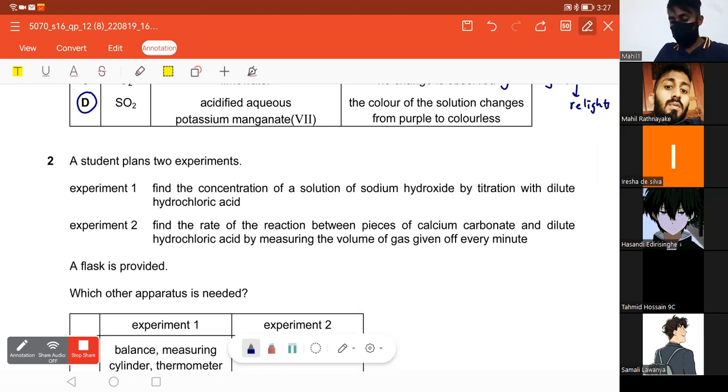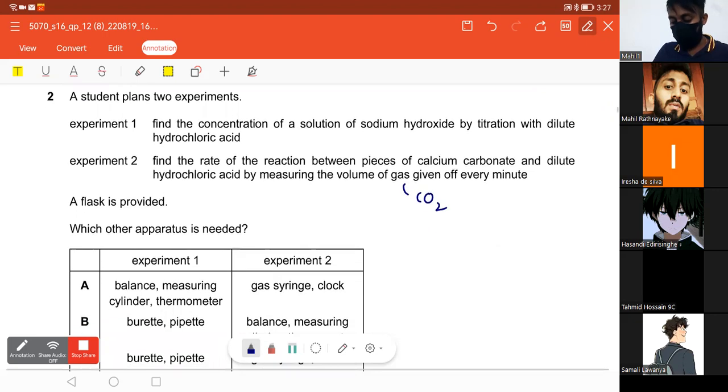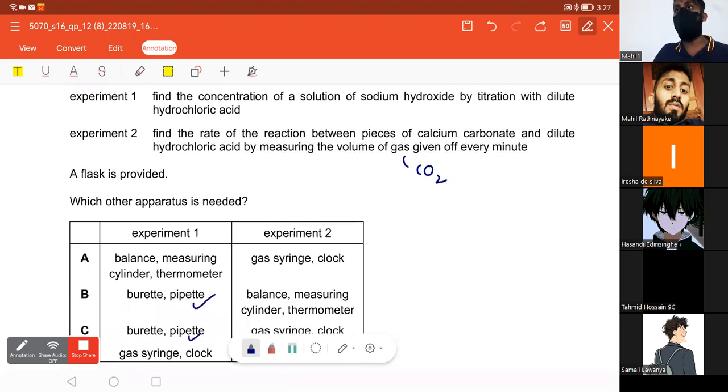What is the gas formed? Carbon dioxide, because carbonate plus acid gives salt, carbon dioxide, and water. First one is a titration, definitely burette and pipette needed. Answer is B or C.